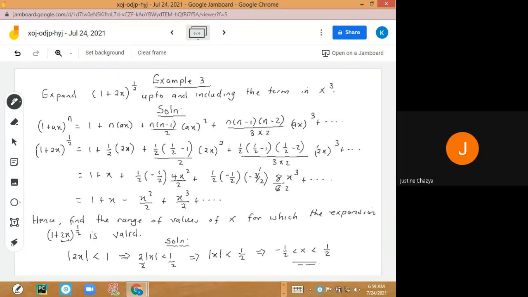Oh, sir, repeat on the same question. So when you're asked to find the range of values of x for which the expansion is valid, your target is to get the b part. When I say the b part, I mean from a plus b to the power n. Ensuring that your a is positive.